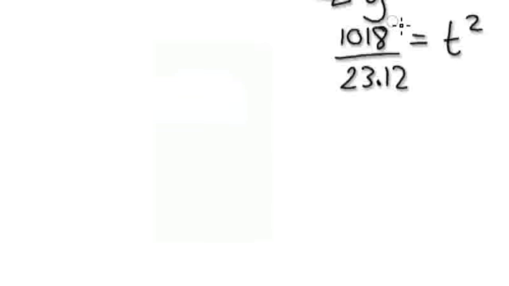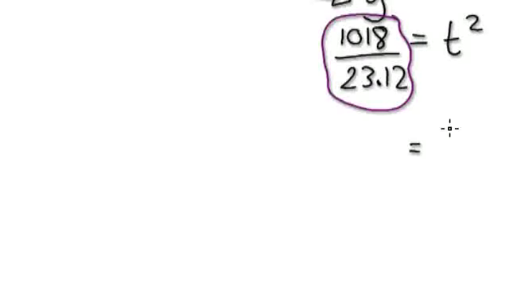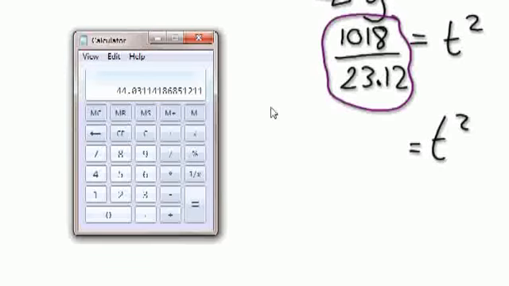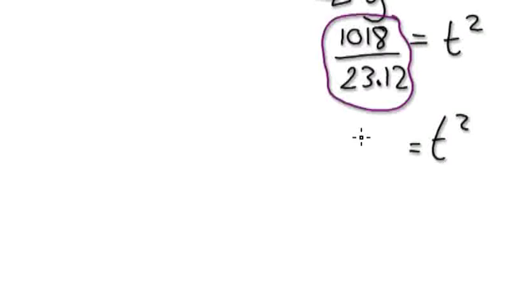We are trying to work out this here, T squared. So 1018 divided by 23.12 equals, let's say roughly 44.